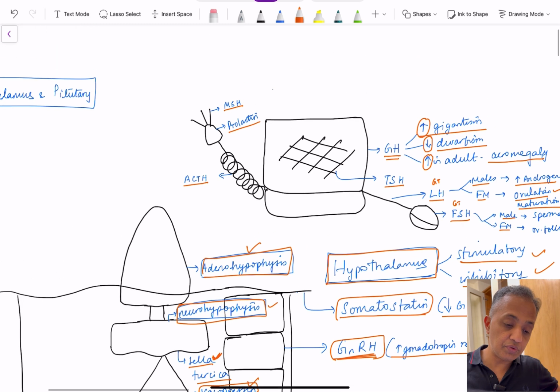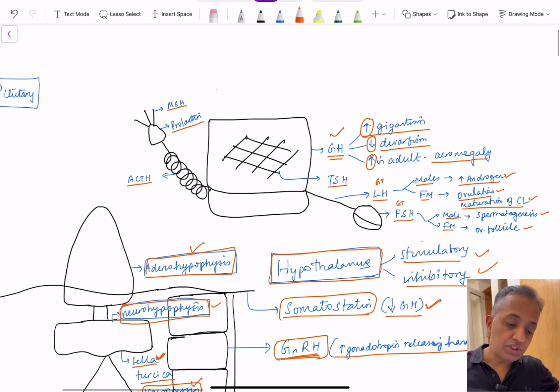Okay, so adenohypophysis, the other name for the anterior pituitary, secretes growth hormone, which causes gigantism, dwarfism, and acromegaly. Thyroid stimulating hormone. You have luteinizing hormone and follicle stimulating hormone, which together are called gonadotropins. Luteinizing hormone in males increases androgen production, and in females causes ovulation and maturation of the corpus luteum.